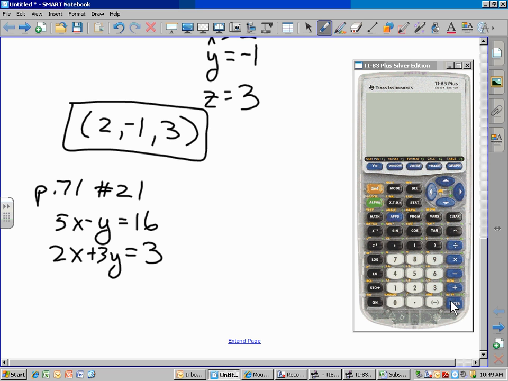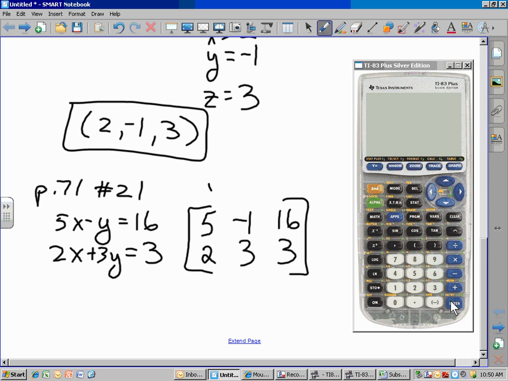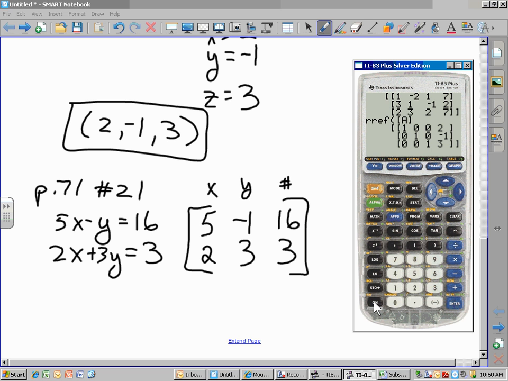Okay, so here's our system. We're going to write this in matrix form. 5, negative 1, 16, 2, 3, and 3. It has to be x, y, and then the number. It has to be in that form. So let's put that in our calculator.